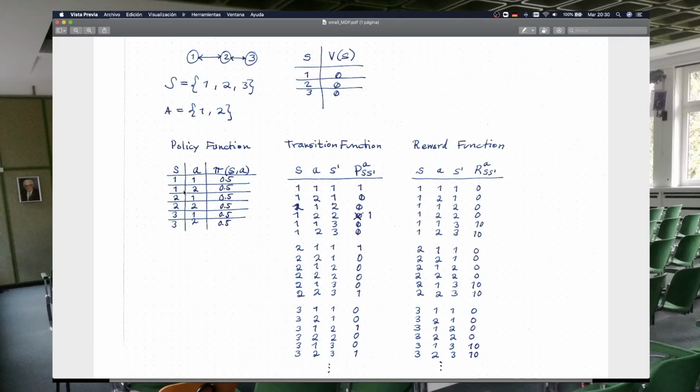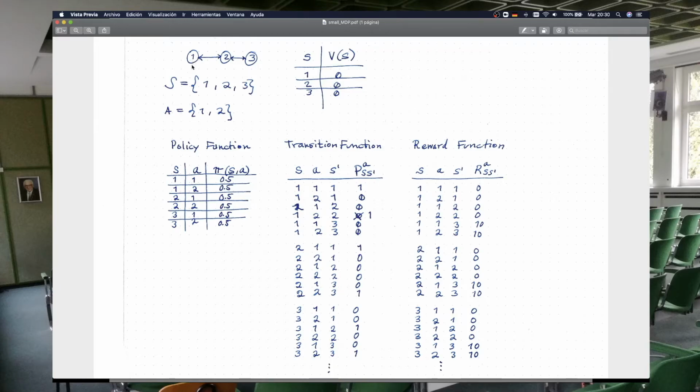We have only 2 actions available, so we give them the same probability, 0.5 and 0.5 from each of the states. If you are here, you will have the same probability to select action go left and action go right, so that will be 0.5 and 0.5.